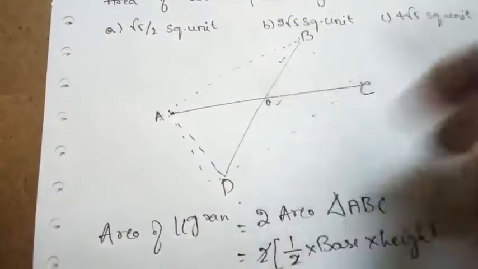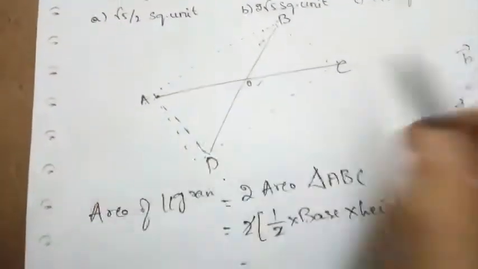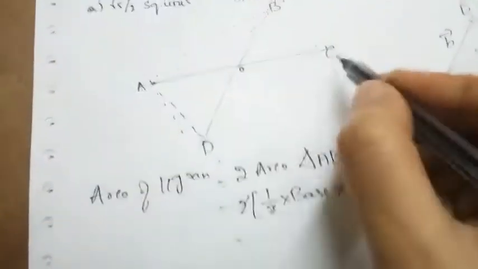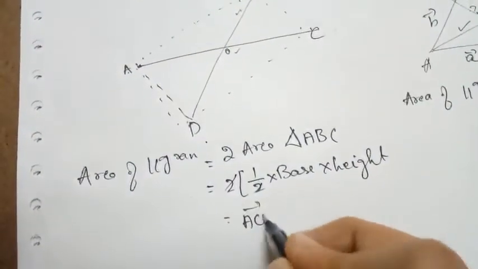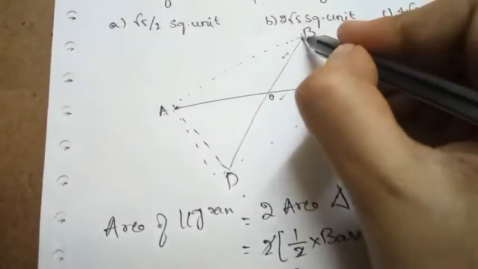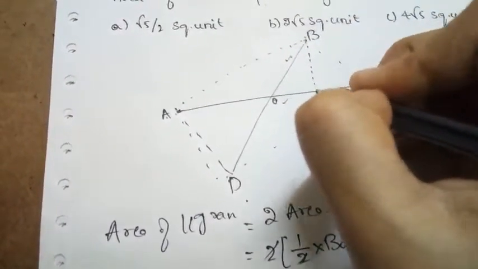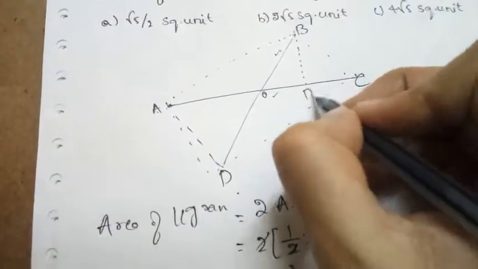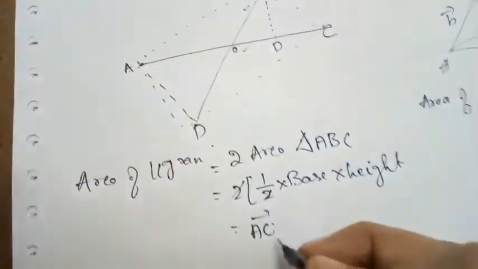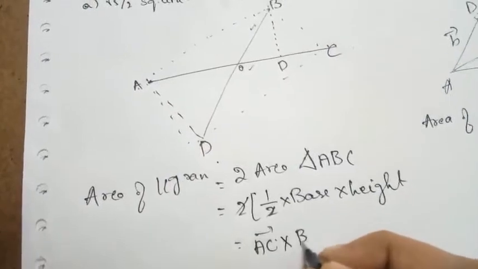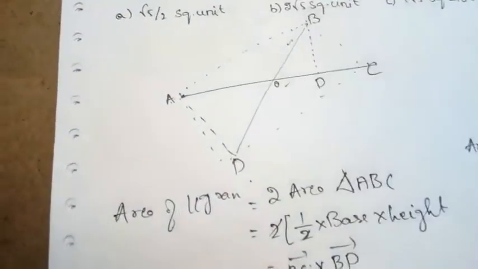So I am taking the base as vector AC. What is our height? If I draw a perpendicular from the point B in the triangle ABC, I point it as D. So BD is the height.